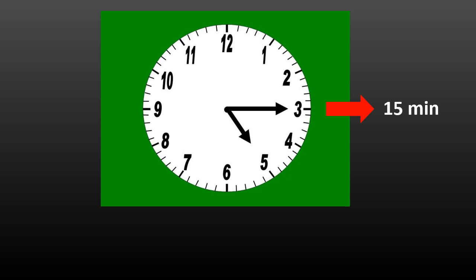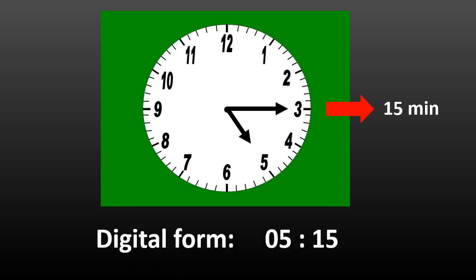When the long arm is on the 3, we passed 15 minutes. From 12 to 3, as we count on, we find that it's 15 minutes. So where are we going to put the 15 minutes? We put the 15 on the right hand of the digital clock, which reads the minutes. So what about the left hand, which reads the hours? Now look at the short arm. It's on the 5. So we write the 5 on the left hand of the digital clock.